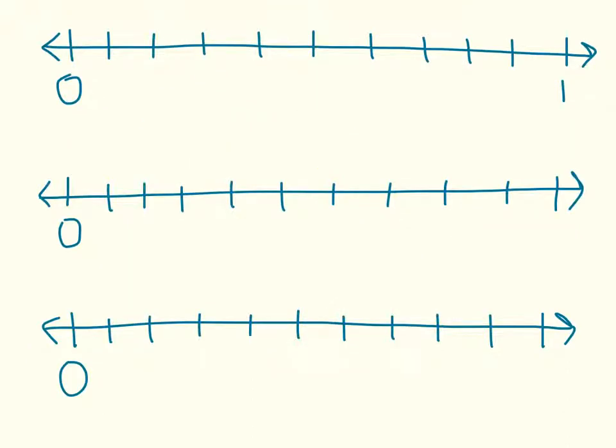So let's review. Every number line with decimals, I want to use the number of spaces that match a place value. Most often you will see 10 spaces, and that represents the place value of tenths.